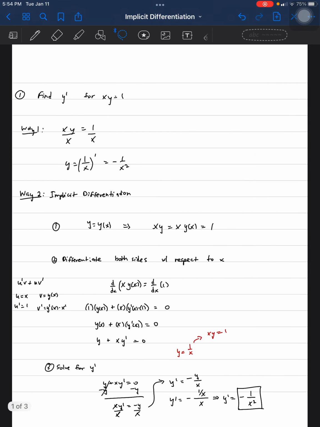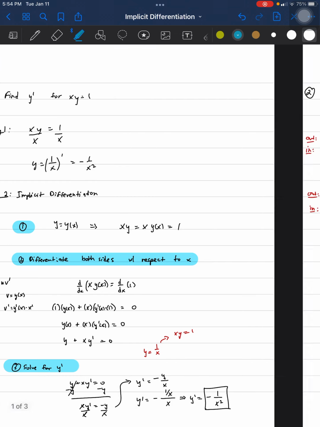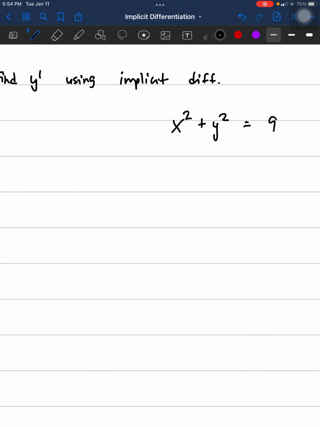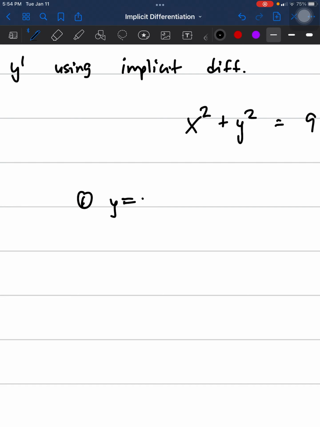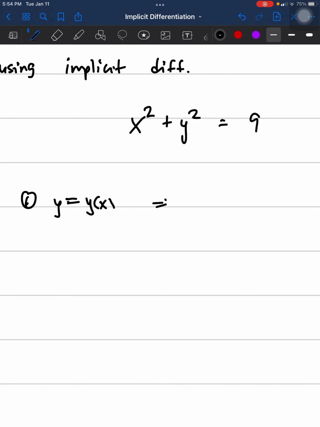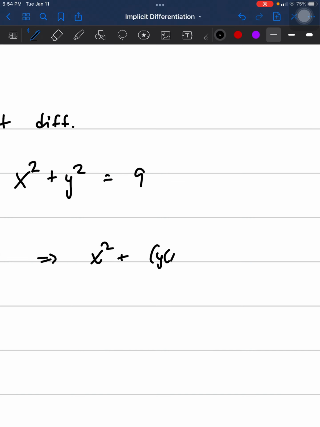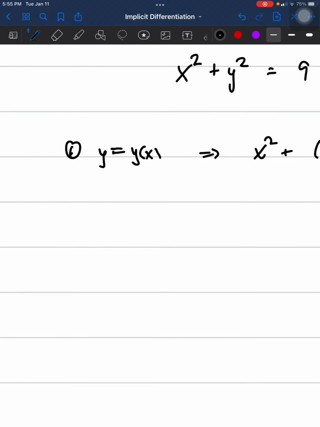So we just follow the steps we listed for implicit differentiation. The first step was making y into a function of x. The second step is to differentiate both sides with respect to x. And the third step is to solve for y prime. So let's do that. The first step is to change y into y of x, so x squared plus y of x squared.